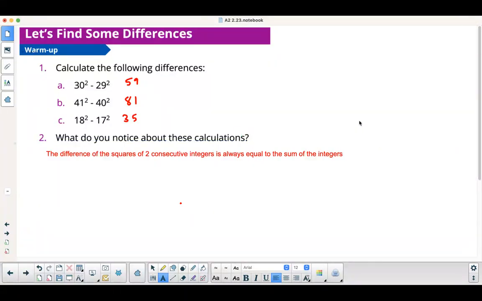What it looks like, okay, so the difference of the squares of two consecutive, meaning in a row, is always equal to the sum of the integers.